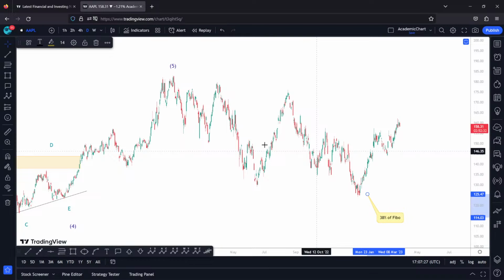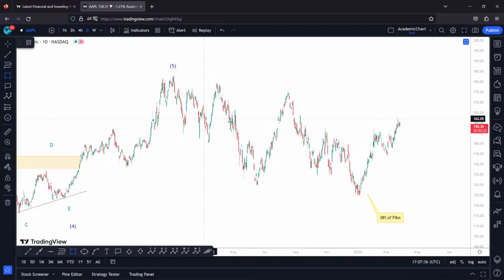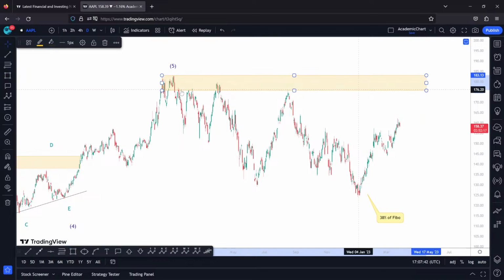So I'm feeling some sort of sideways corrective structure, not very sharp, less than 15 percent, and also very long from the time perspective. So this is going to be our resistance level, which is a very powerful historical one on the top of this stock at the moment.